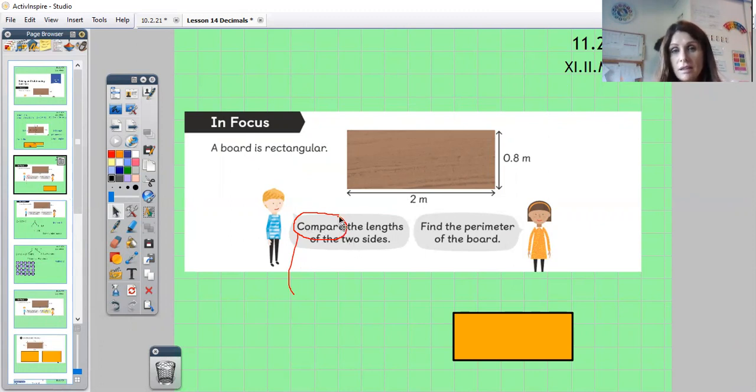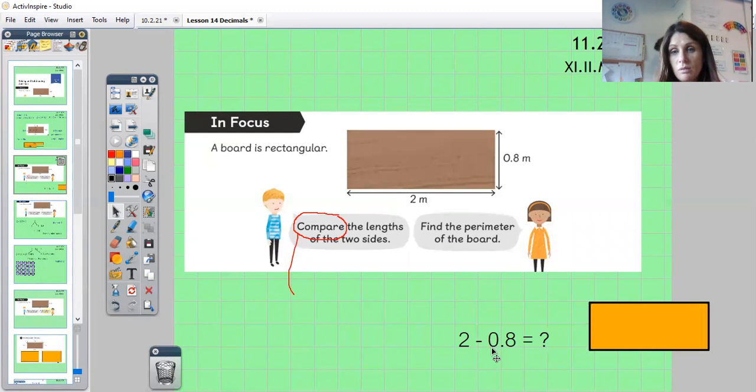Now, if we're comparing them, we want to say, what is the difference between the 2? And in order to do that, we would do 2 minus 0.8. So we're going to have a look at that in a little bit more detail to think about how we would actually do that, because that's a little bit tricky where one is a whole number and one is a decimal. So let's have a look at some ways that you might be able to do that.